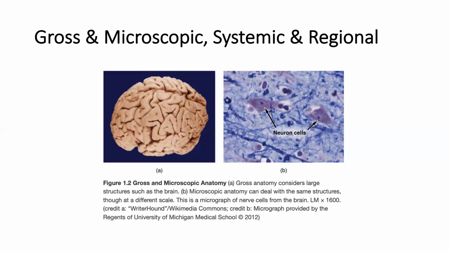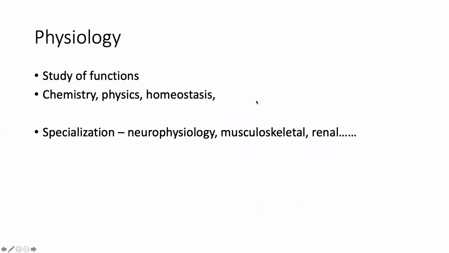That means if we are doing regional anatomy for the thorax, we will be studying the heart and lungs. So in that way, we can say systemic anatomy and regional anatomy, and whether with the naked eye we see gross anatomy, or using the microscope we say microscopic anatomy.